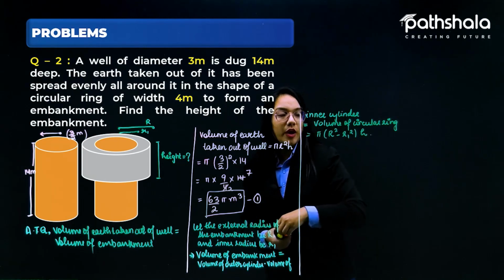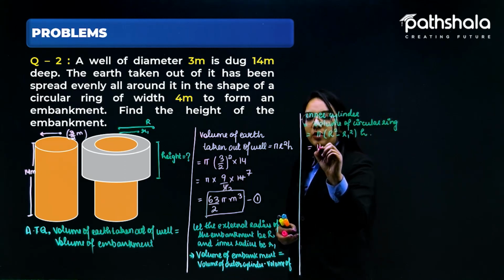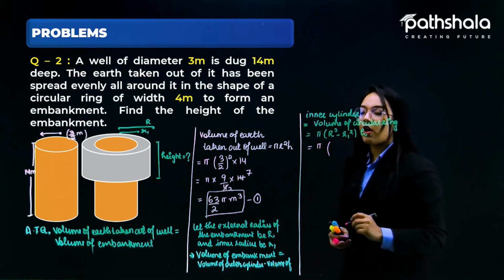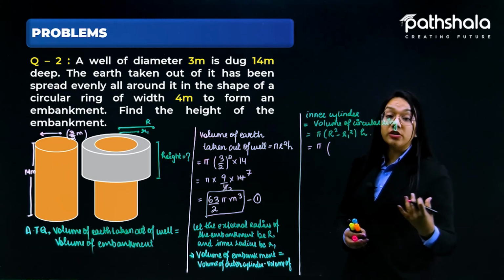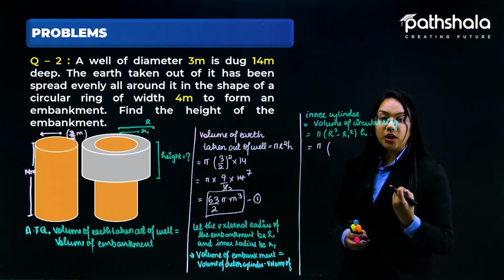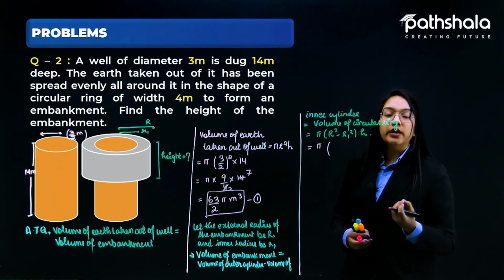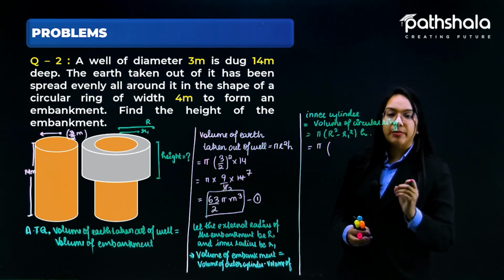So hence let's just plug in all the values over here. This would be equal to pi, remaining as it is. Now we have to find the value of the capital R, which is the external radius. You can see over here the external radius is a combination of the internal radius plus the width.